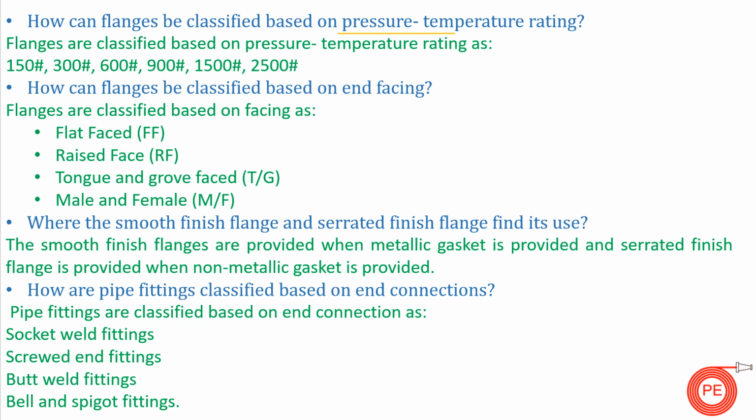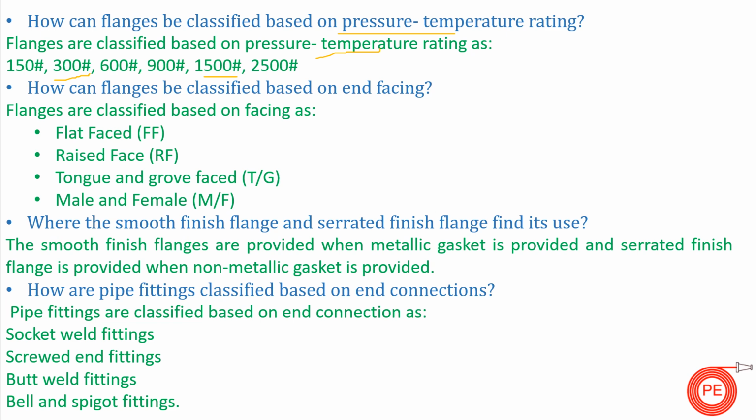Flanges are basically classified in terms of class 150, 300, 600, 900, 1500 or 2500. These ratings come on the basis of the network or the system for which the pressure and temperature have been considered. Based on this consideration, these flanges are selected.